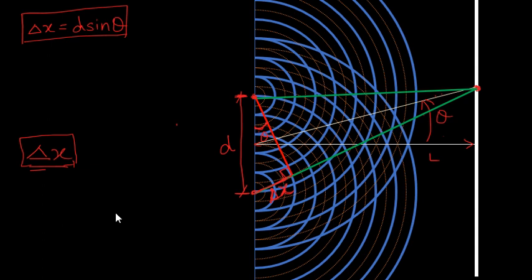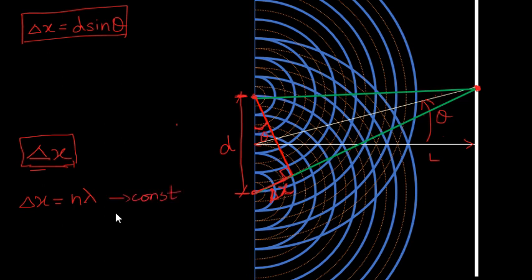Now tell me one thing. Remember, we talked about initially, we know that both of these waves were in phase. If this particular point is constructive interference, a bright point, then this delta x will be a multiple of lambda, right? For constructive.